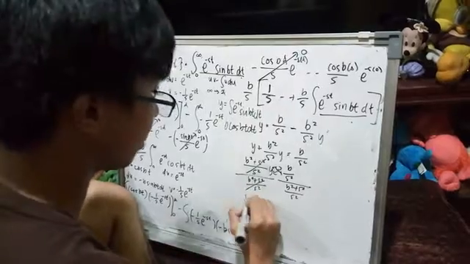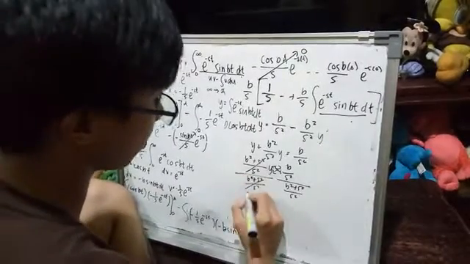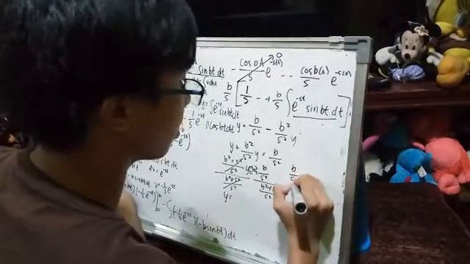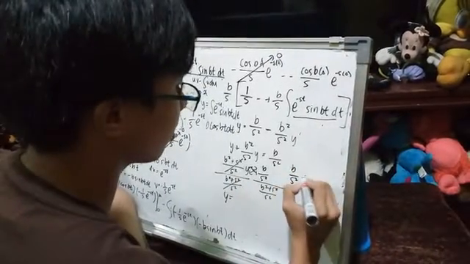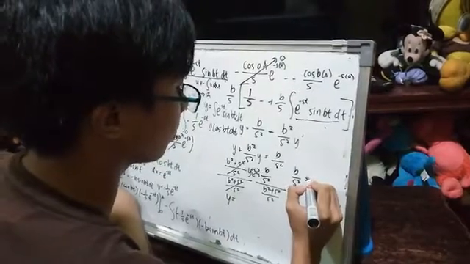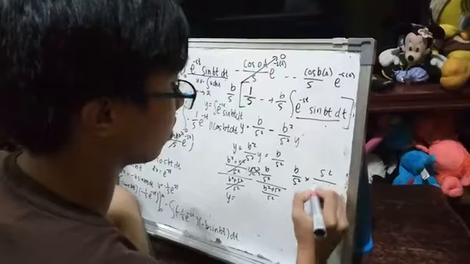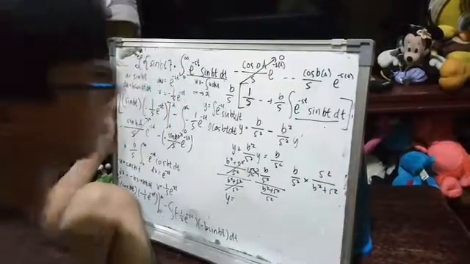The y will remain, and on the other side we have b over s squared times s squared over b squared plus s squared.